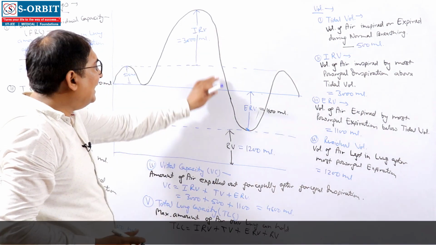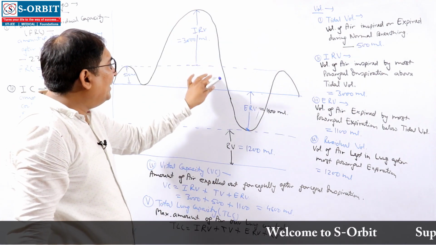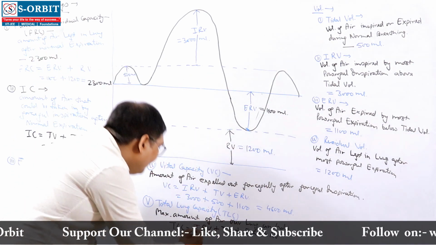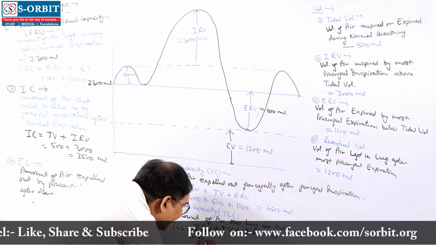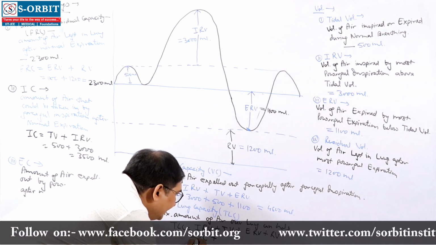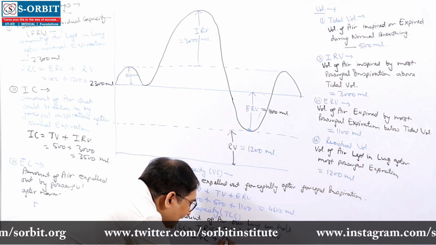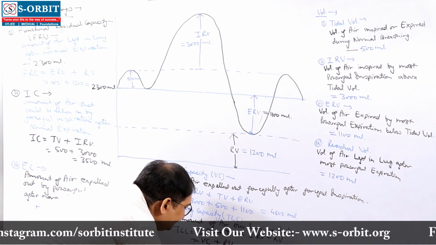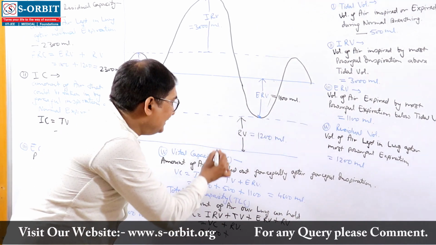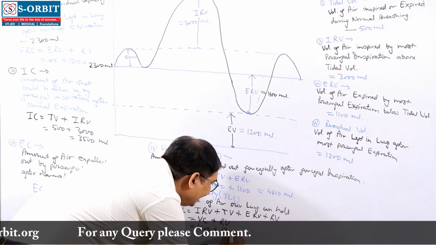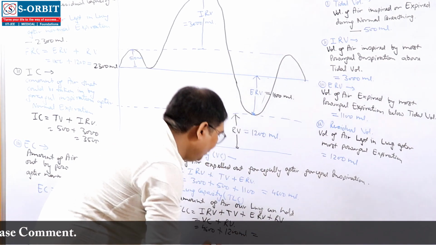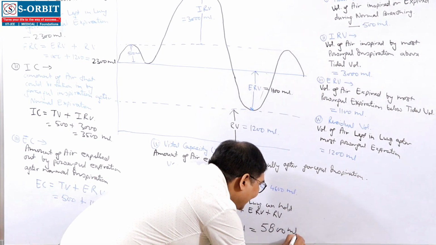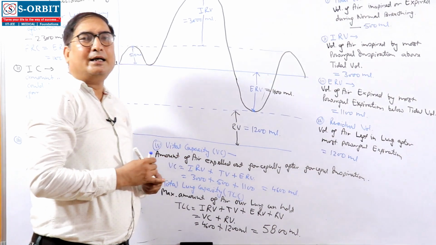And if you recognize, the inspiratory reserve volume plus tidal volume plus expiratory reserve volume are the vital capacity. So TLC comes out to be the sum of vital capacity plus residual volume, or you can say 4600 ml plus residual volume equal to 1200 ml equal to 5800 ml is the total lung capacity.